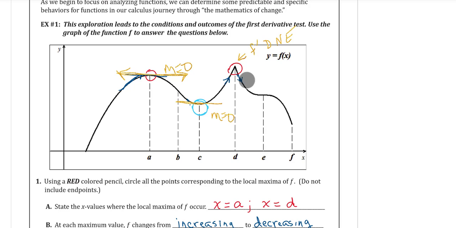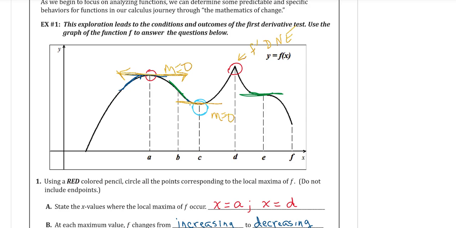So here's B, here's my tangent line at B. Also at point E, we're supposed to draw a tangent line, which is also horizontal, and at point D, which we cannot draw. We already talked about that.